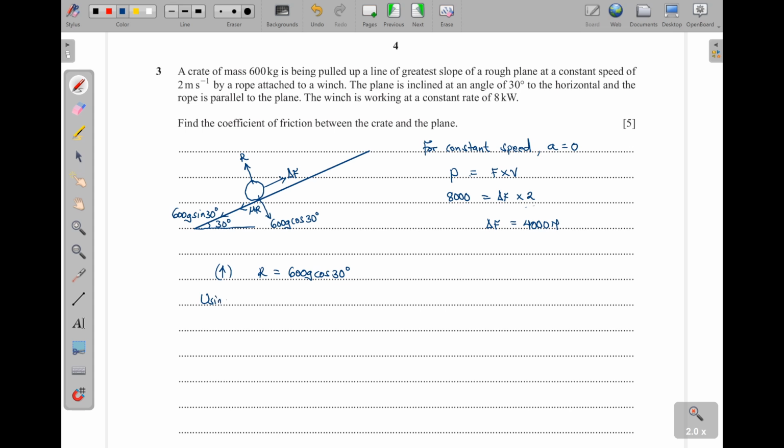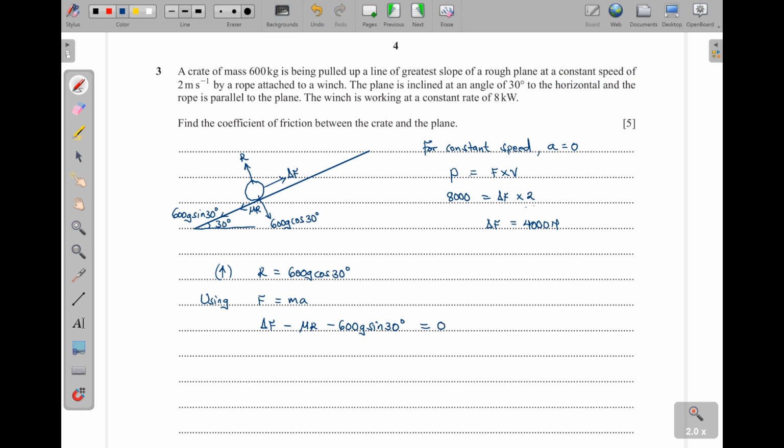And then along the plane, since there is movement, we use F equals MA. This F here represents the net force, okay? So we shall get this driving force, then minus the two opposing forces. We have mu R, then minus 600 g sine of 30 degrees, which I will equate to MA, the mass times the acceleration, which is 0 due to constant speed.